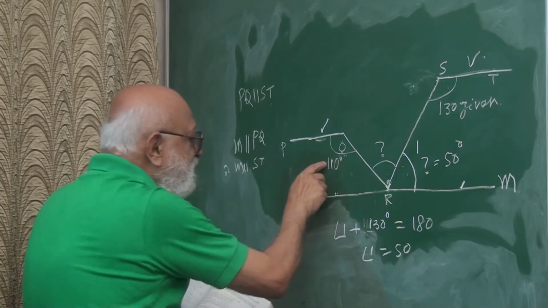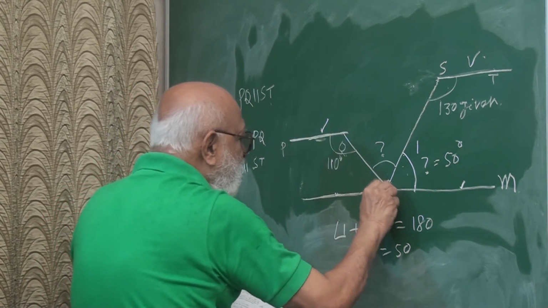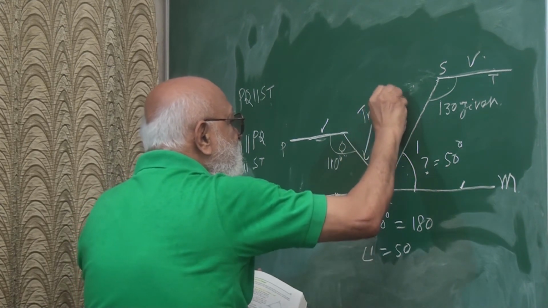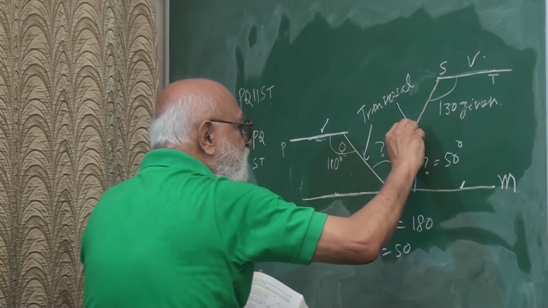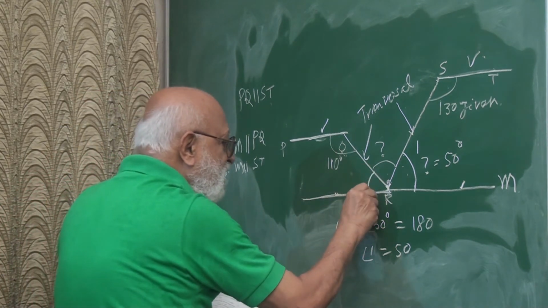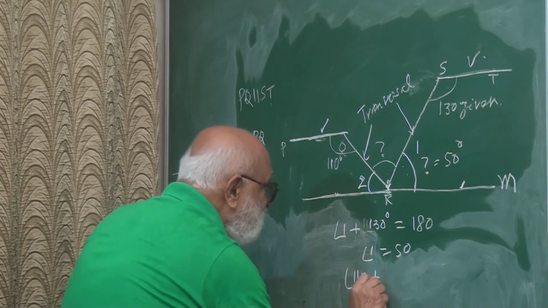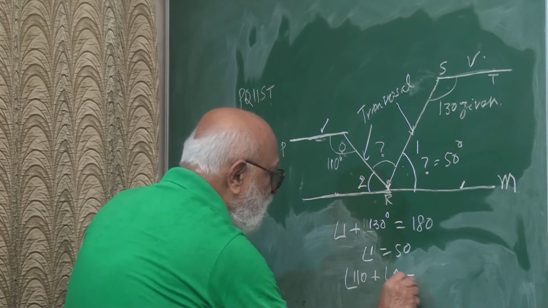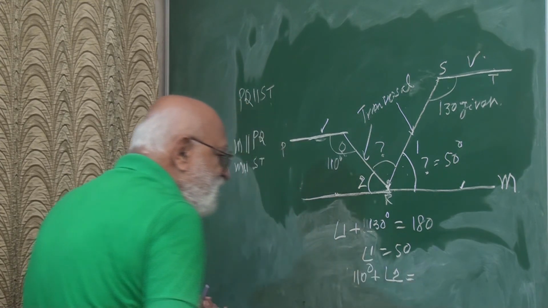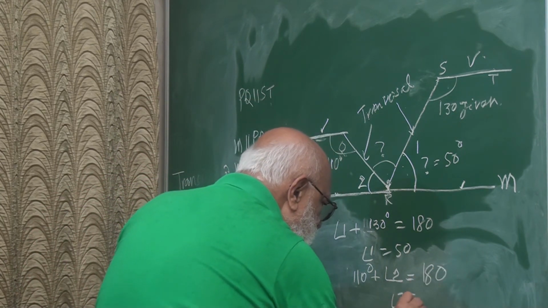I do a similar exercise here, because this is also a parallel line, this is another parallel line, and this is a transversal, which we have used before. Let us call this angle 2. So 110 plus angle 2 would be equal to 180, so angle 2 would be 70 degrees.